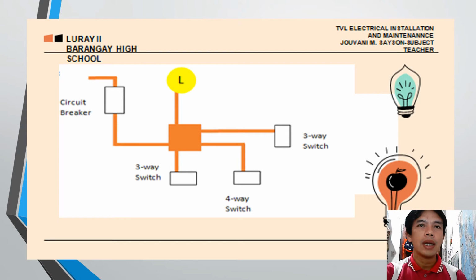So, for the lamp, you can add lamp 1, 2, 3, 4, or 5 as long as your breaker can handle it, because the standard amperes of your breaker is 15 amperes. So, you have to compute 15 amperes times 220 volts. The result is the watts.